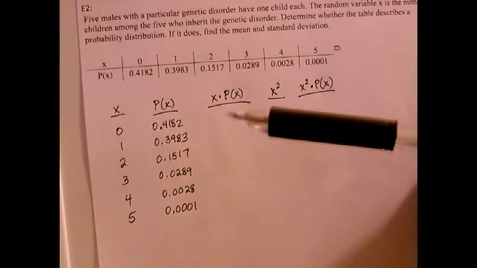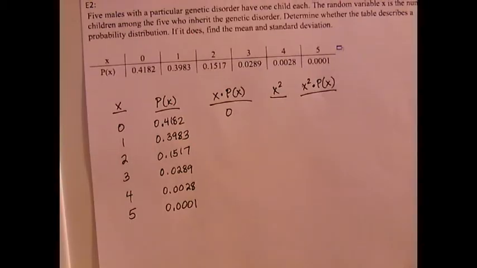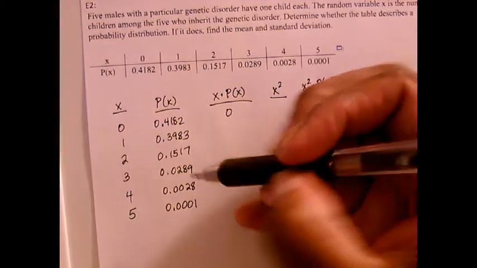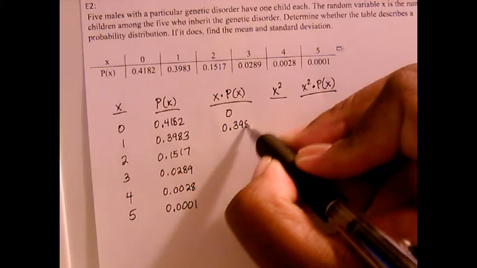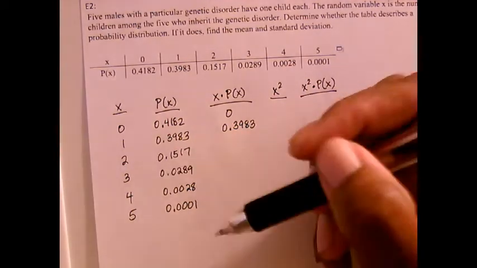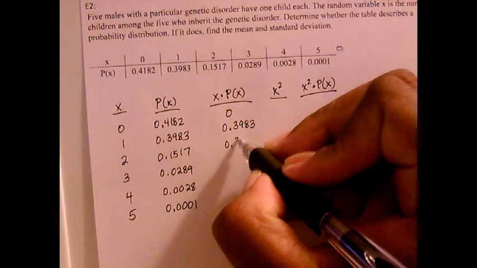So 0 times 0.4182 would be 0. And then 1 times 0.3983 would be 0.3983. Then 2 times 0.1517 would be 0.3034.